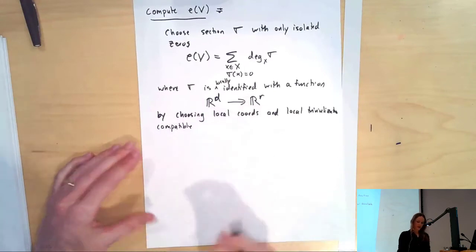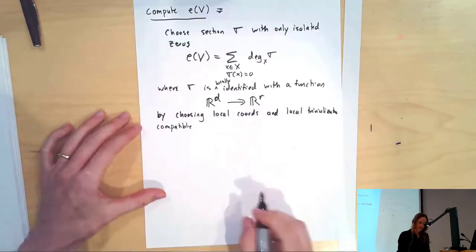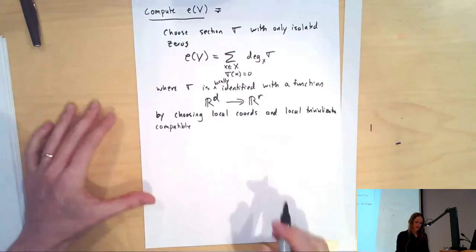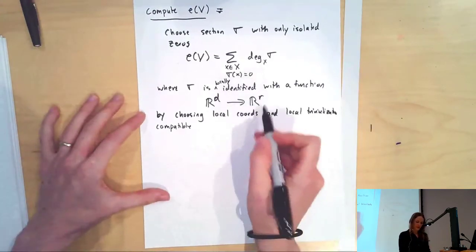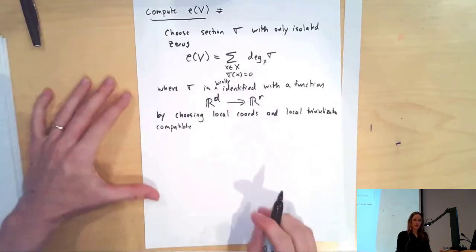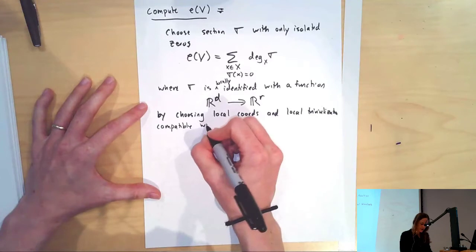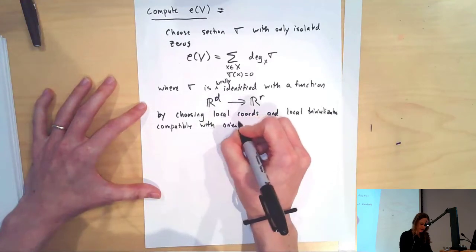So if you took the sphere inside each of those R^R's, with its standard orientation from R^R, it will agree with the one coming from the Thom class, compatible with orientations.